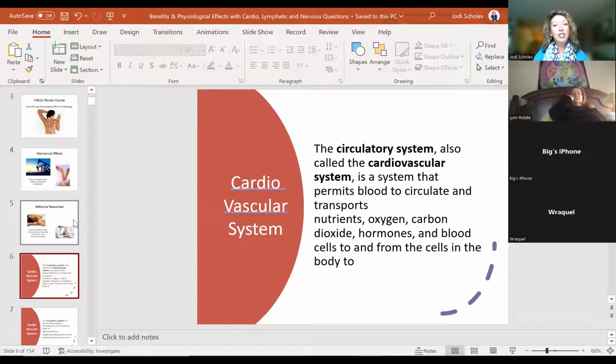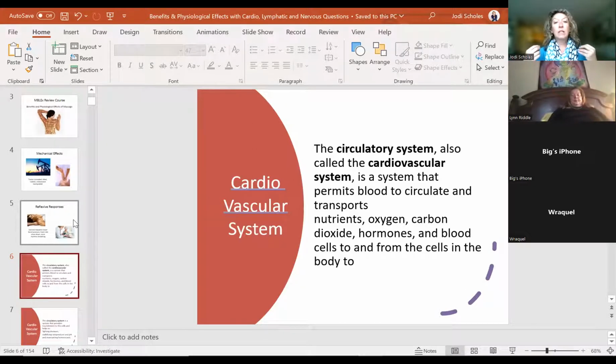All right, let's jump right in and talk about the cardiovascular system. So, the circulatory system, our blood, our cardiovascular system, is the system that transports all of the nutrients to the tissue in the body. So, what does it do?